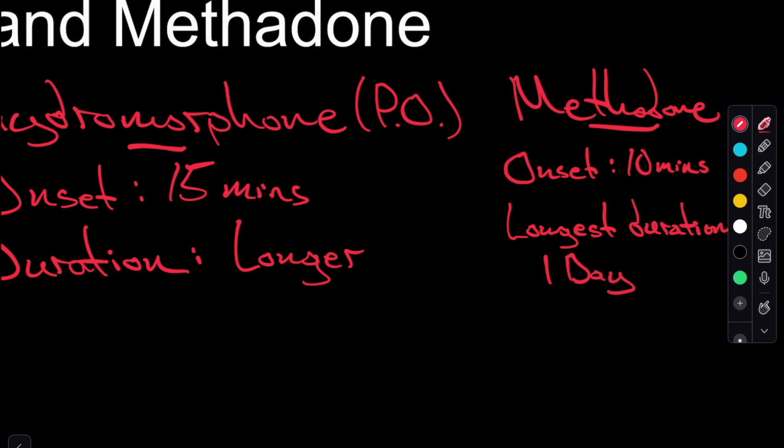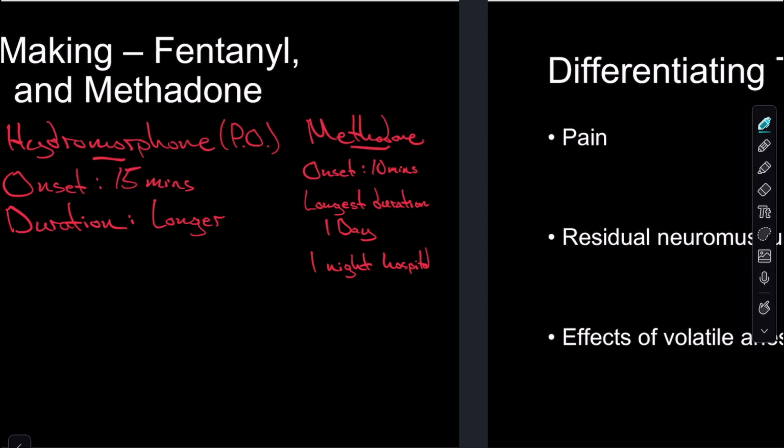According to the Stanford CA1 manual, you could use it intraoperatively to help manage post-operative pain if the patient is going to be monitored for at least 1 night in the hospital because it has such a long half-time.